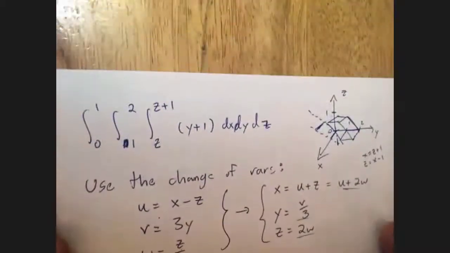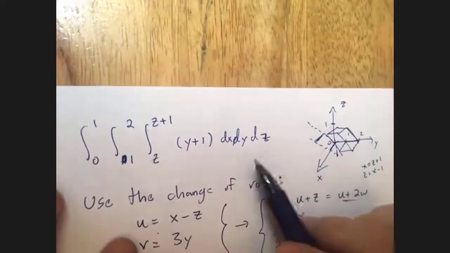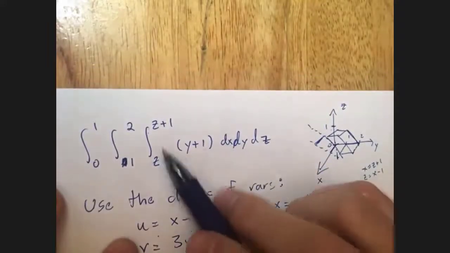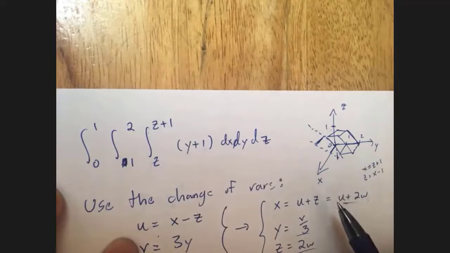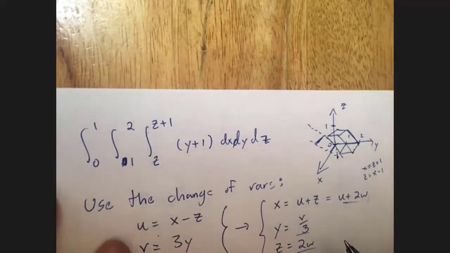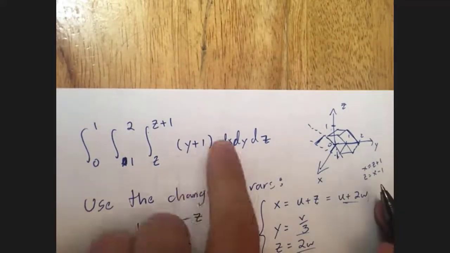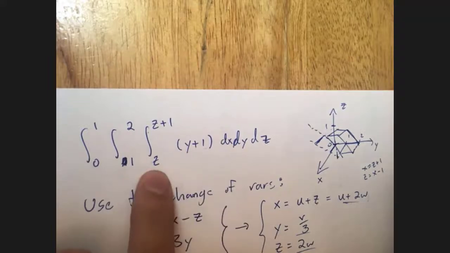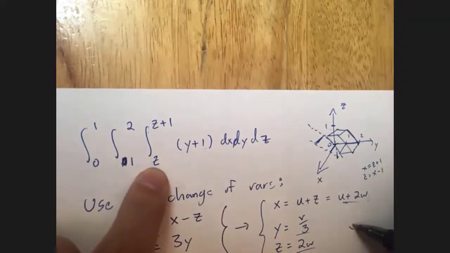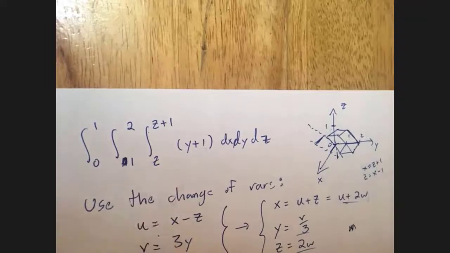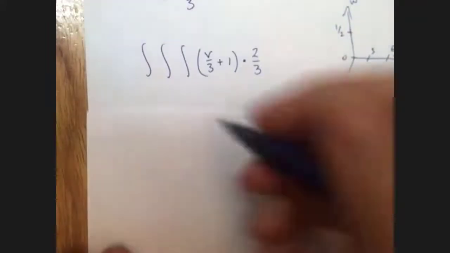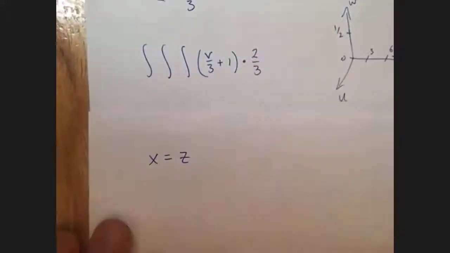And then X went from Z to Z plus 1. Well, that's the one that's a little bit trickier. So when I say X equals Z, what is that in the new coordinates?